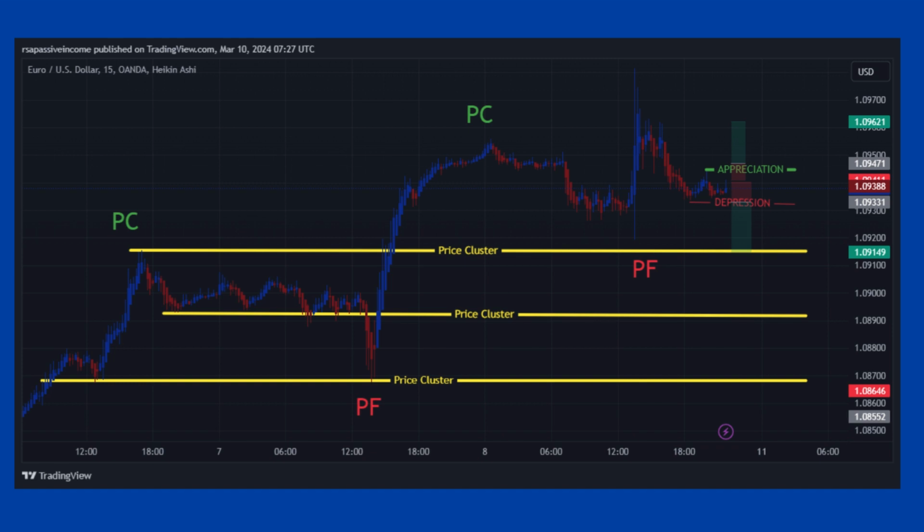That's why it's been correcting at this level. It might be carrying on with the trend, or it might break up and go to the Fibonacci 0.786.